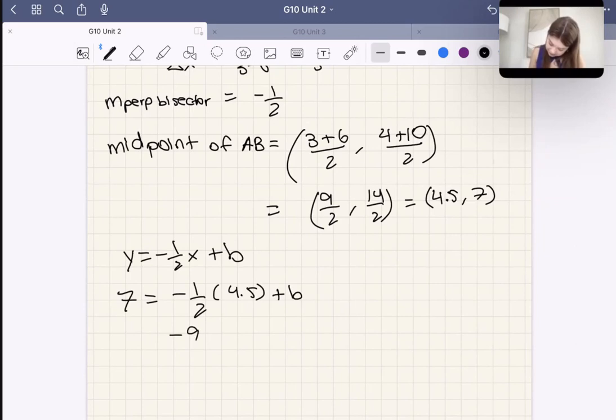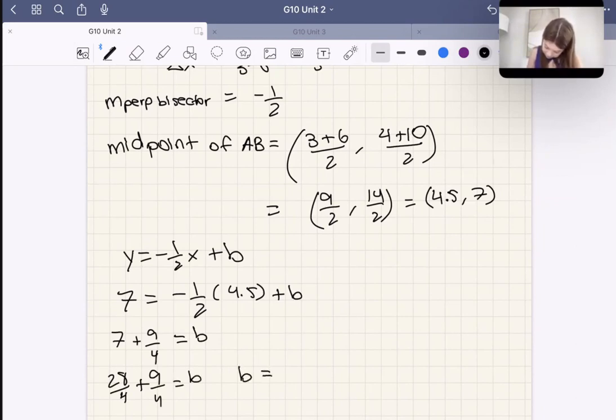This is going to be negative, let's see, 4.5 over 2 is the same as 9 over 4. And let's see, 7 times 4, that's 28. 28 plus 9 over 4.